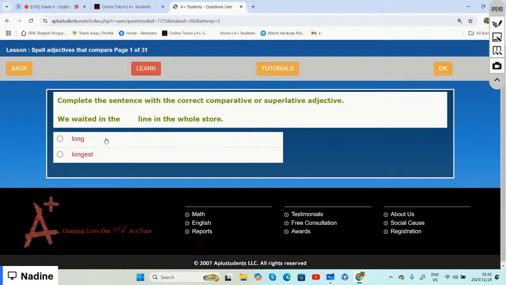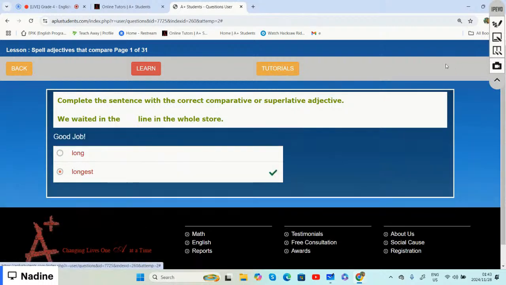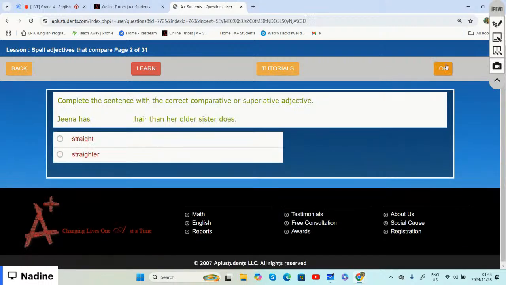And if we were to select the correct answer, then yes, we will say we waited in the longest line in the whole store. Because that is a superlative adjective, comparing more than two things.